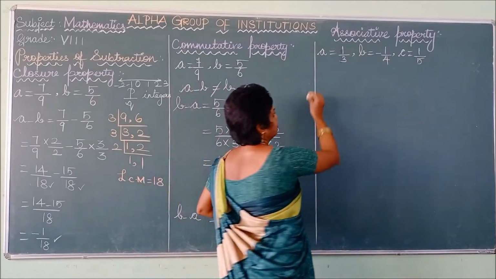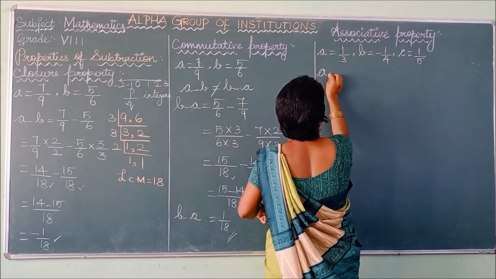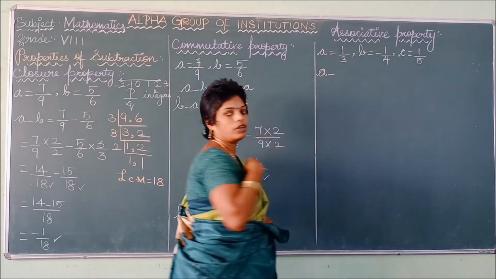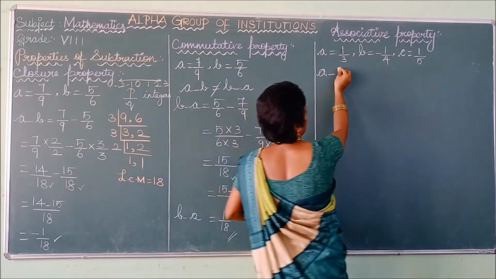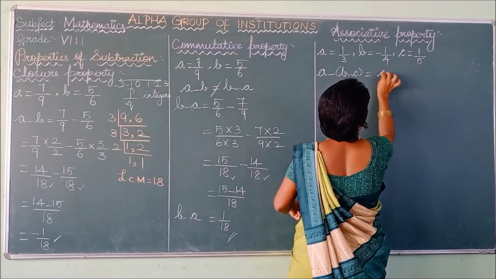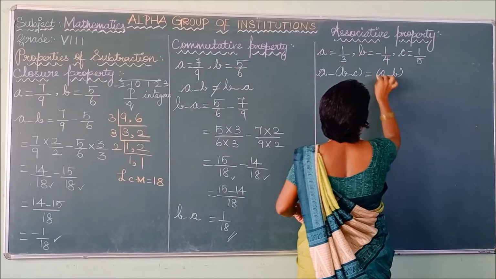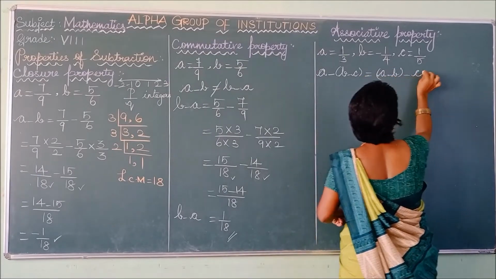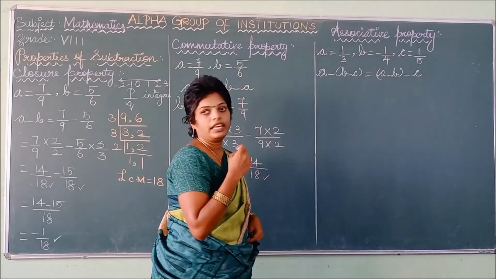So look here. What is that form? A minus, here the property is for subtraction, so you put A minus (B minus C), which equals (A minus B), then what is another value? C. You can check whether it is equal or not.